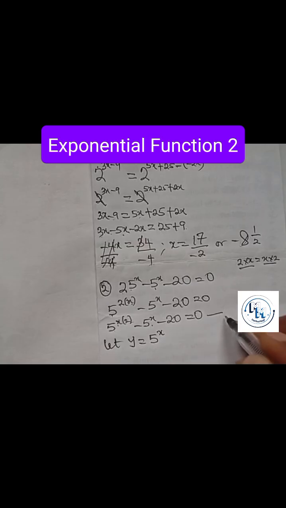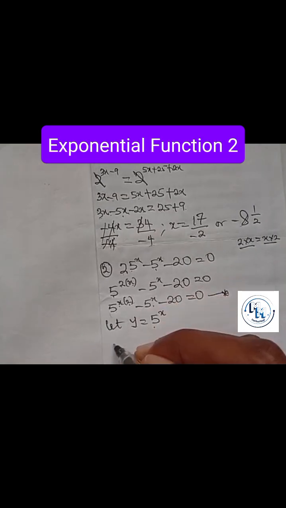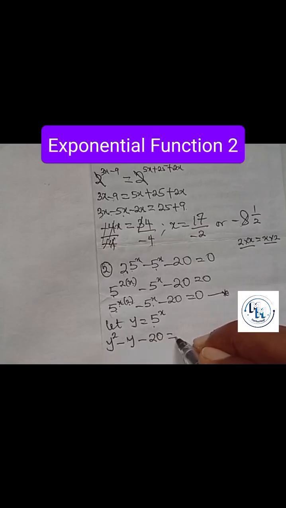That means anywhere I see 5^x, I'm going to put y there. So here now I put y, but it becomes y^2 minus another y minus 20 is equal to 0.